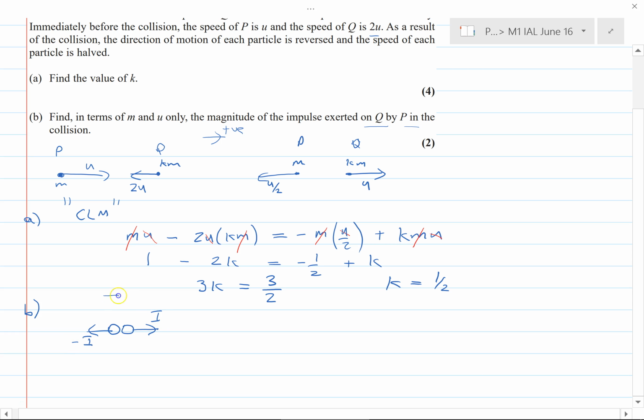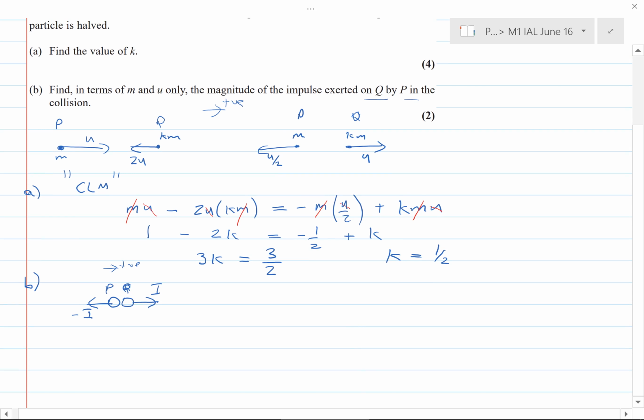If we call this way positive, that's the way the impulses are going to go for P and Q. So I'll do it on Q, but it might be worth doing it on P just to check the answer as well. Normally, if I have time, I'll do it on both because it's easy to make a mistake with signs on these questions. So let's do it on Q.